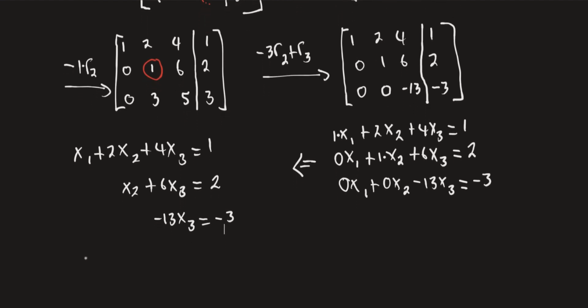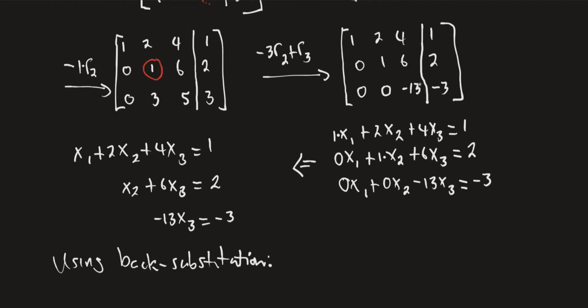Now I can use back substitution, right? So using back substitution, what does the bottom equation tell me? Well, all I have to do is divide by -13. Also, we could have done that up here by doing another elementary row operation.